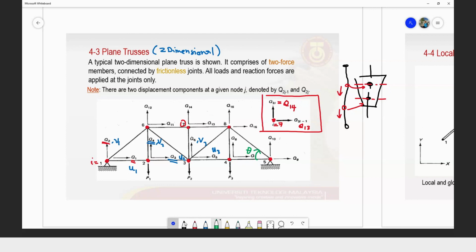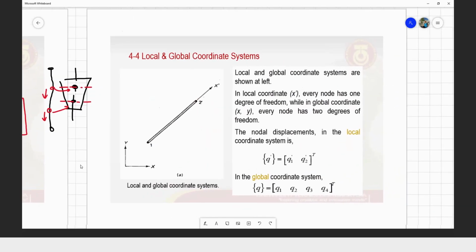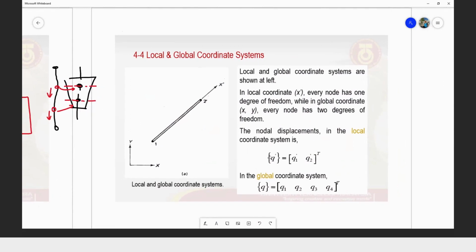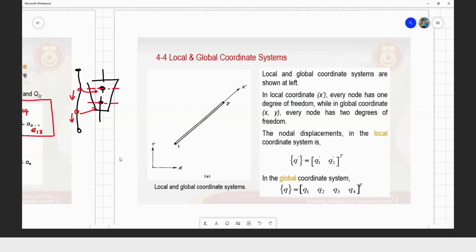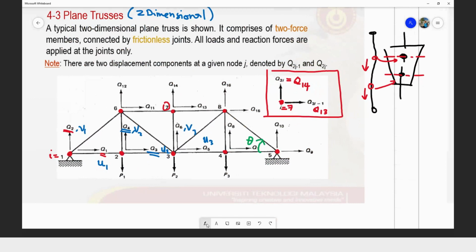So in this case, we have to treat our truss elements individually, and we have to view this in two coordinate systems, first in the local and then global coordinate system. So for example, if I take this, so this is my plane trusses structure.